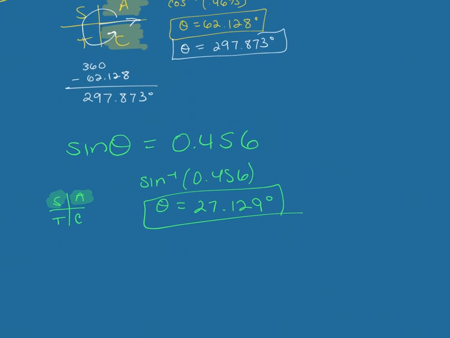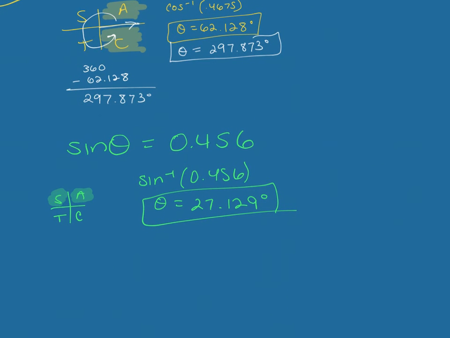How would I find the angle using that 27.129? That's in my second quadrant. 180 minus that. Good. 180 minus 27.129. I know it's in the second quadrant because that's the only other quadrant in which sine is positive.